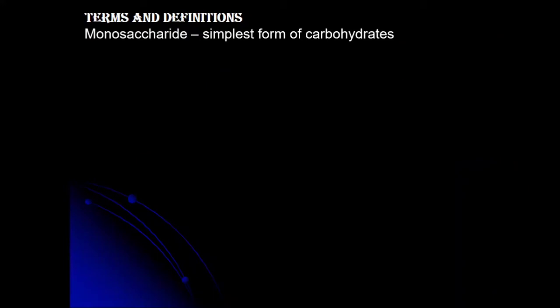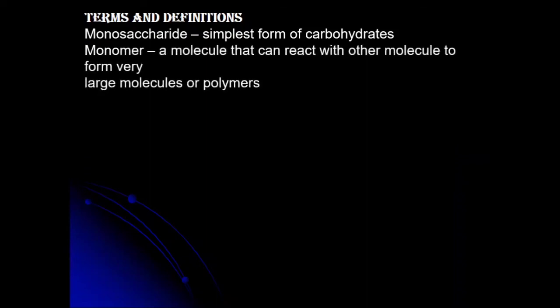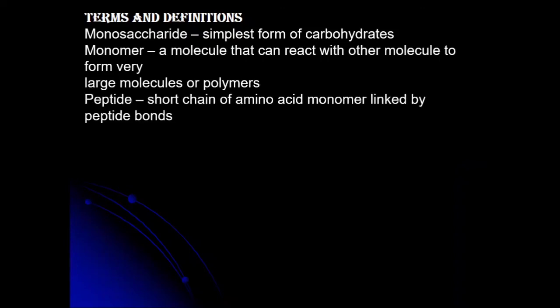Of course, before we end, let's have these definitions of terms. The monosaccharide, the simplest form of carbohydrates. The monomer, a molecule that can react with other molecules to form very large molecules. Peptide, a short chain of amino acid monomer linked by peptide bonds.